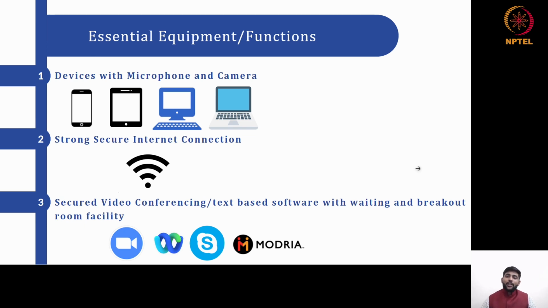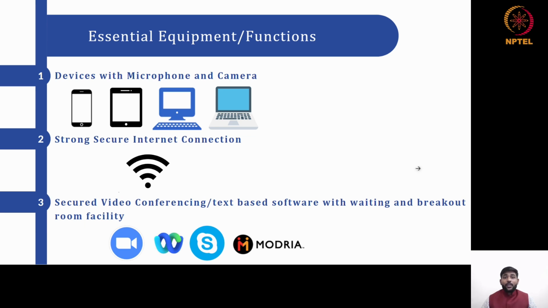Modria provides text-based communication between the parties, wherein the platform is built in such a way that the parties can even have caucus sessions, which we call private sessions, and the software also provides for joint discussion on the same platform itself.